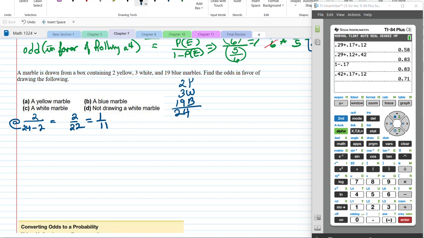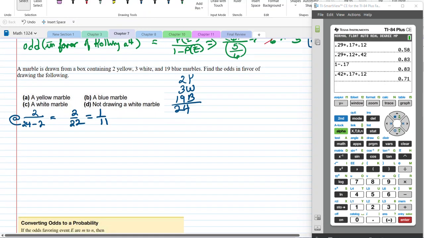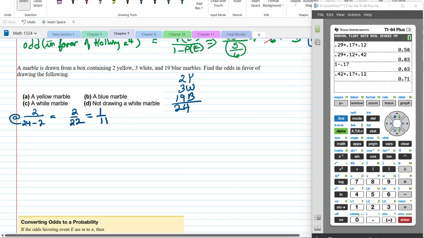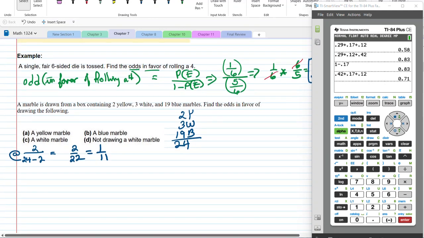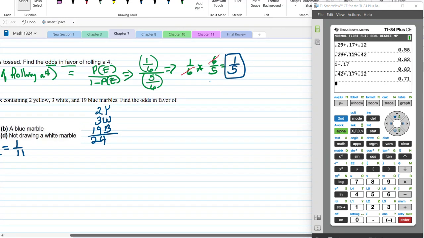Sorry about that, where am I at? Oh, I'm at the yellow. I forgot, when I went to the 1 over 5, it can be 1, 2, 5.